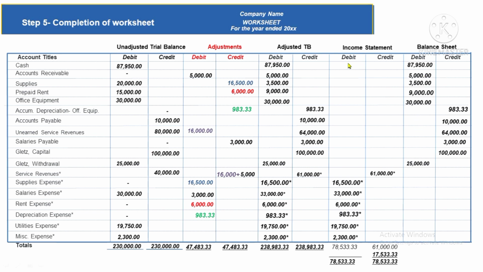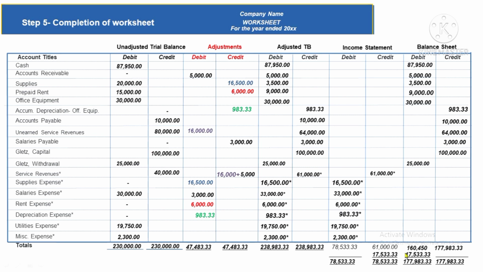And of course, the same with the income statement, the balances for the debits and credits will not balance, so don't expect that. Actually, the balance for the debits here is 160,450, while on the credit, we have 177,983.33, which is also off by 17,533.33. So you need to add that to the lower amount, and of course, they will both be balanced.